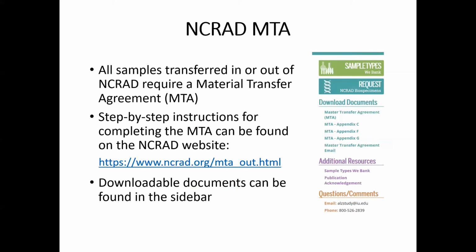This makes it simpler for the investigator. They only need to have institutional signature with the original master transfer agreement. All of the subsequent appendices are simply signed between the investigator and NCRAD. And you can see more information for this on our website.